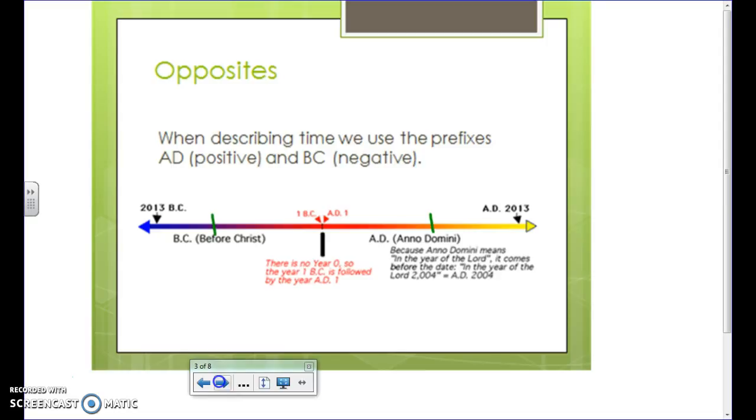To know which 1000 you're talking about, you use AD for the one after and BC for the one before. That's kind of the same way in numbers. There's two 5s, a positive 5 and a negative 5, and they're in opposite parts of the number line. They're on opposite sides.